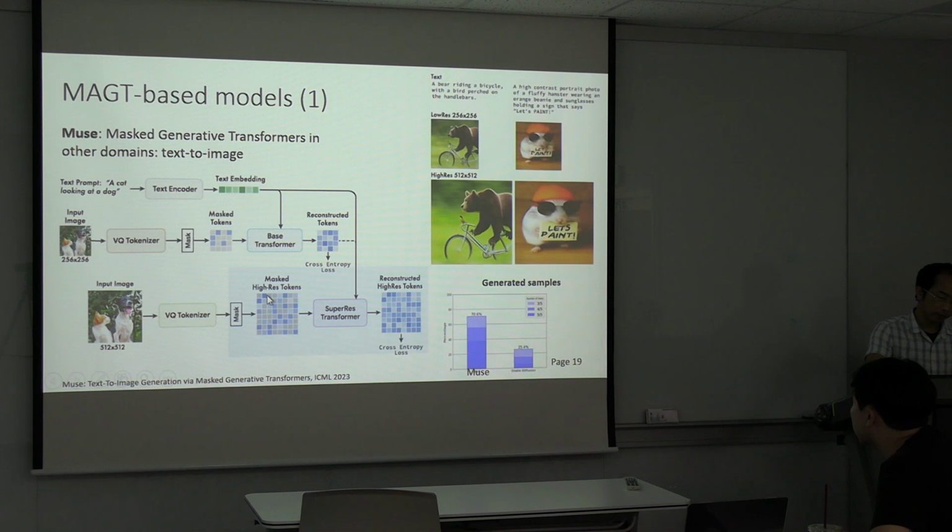It's quite straightforward, and the main thing is to mask the tokens and train together with the other modality like text here, and you can see the output can generate something very meaningful on the right side here.